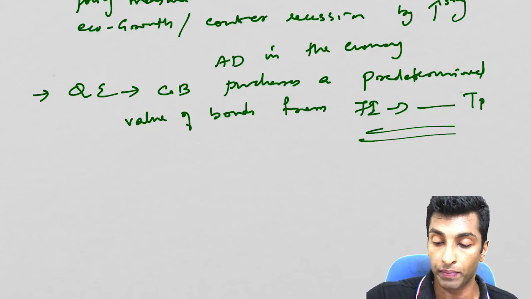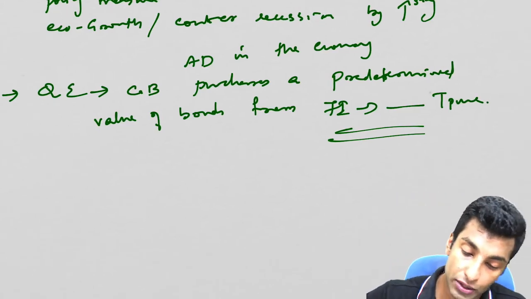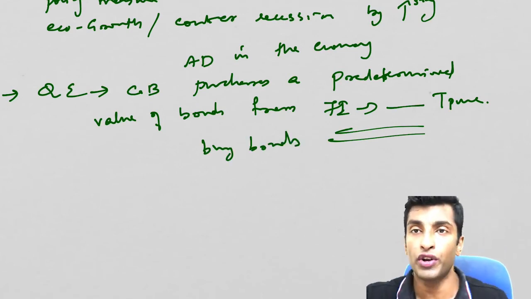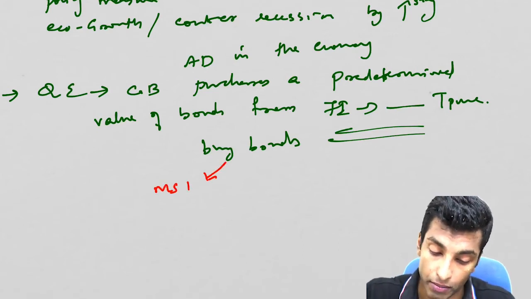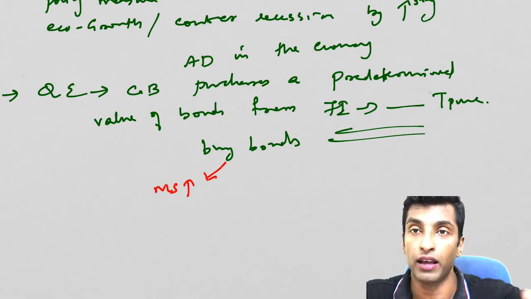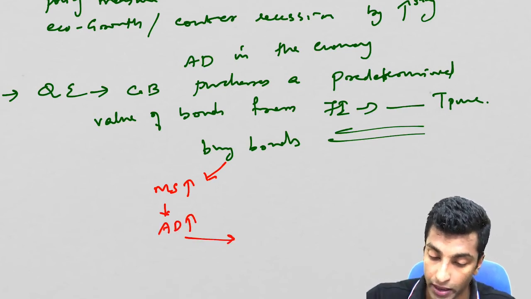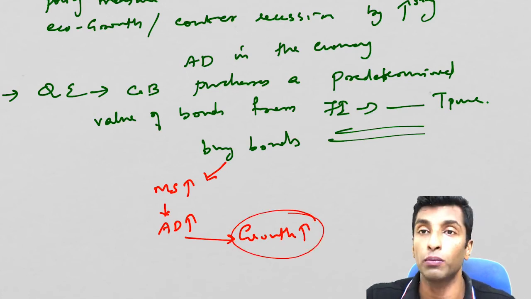Okay, so predetermined time period. So when central bank buys bonds, what is actually happening? When you are buying bonds, what is the effect? Money supply will increase because you are paying for the bonds. Money supply will increase, so that will lead to increase in demand, so that will lead to growth. So this is actually the objective.